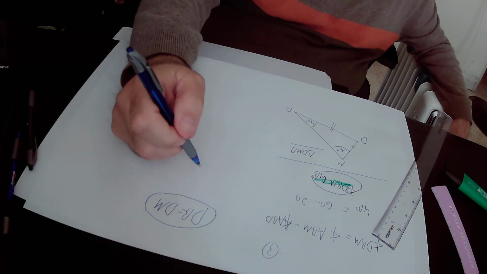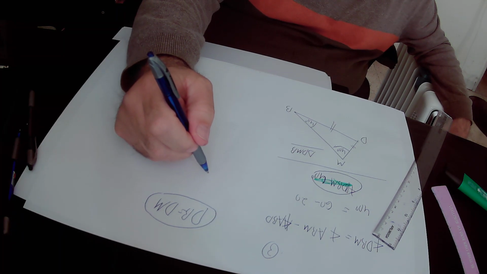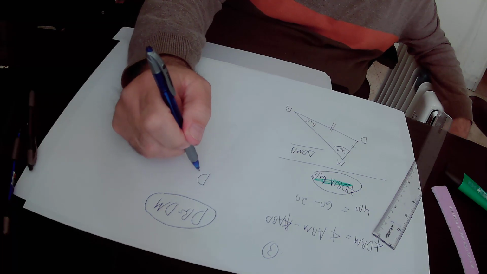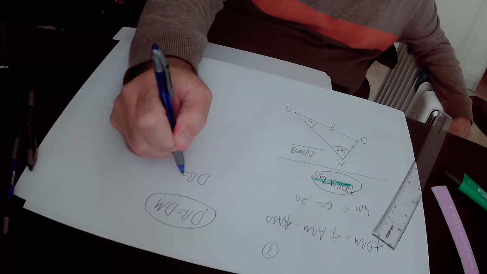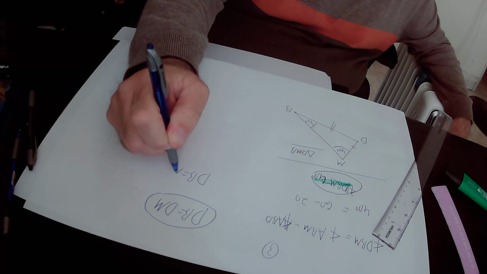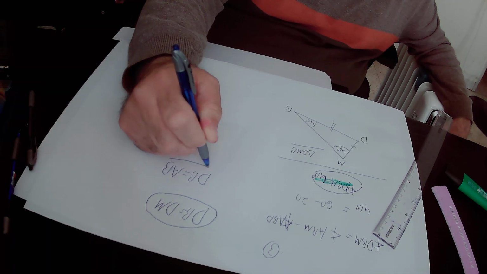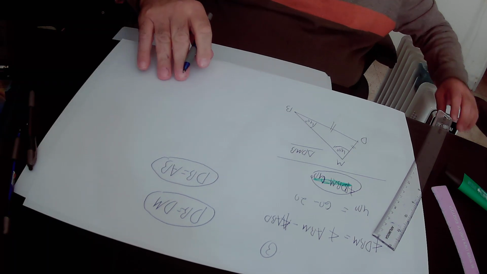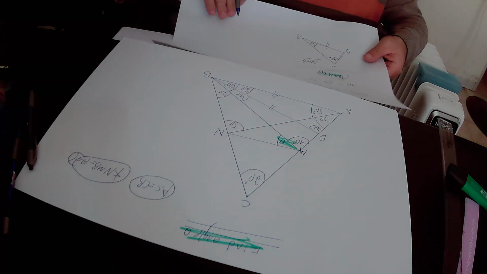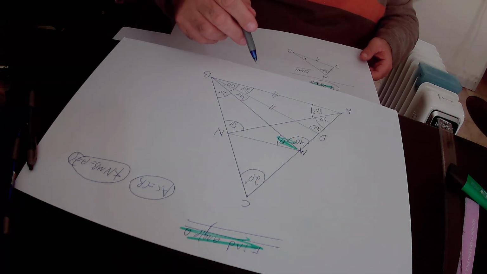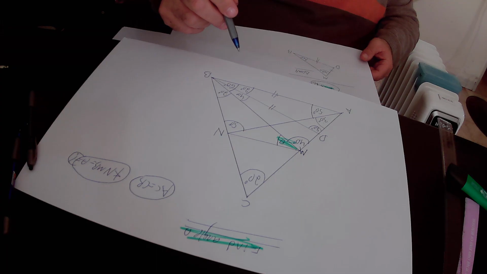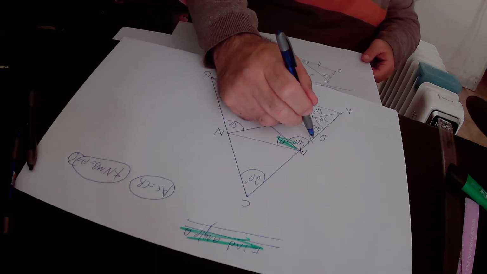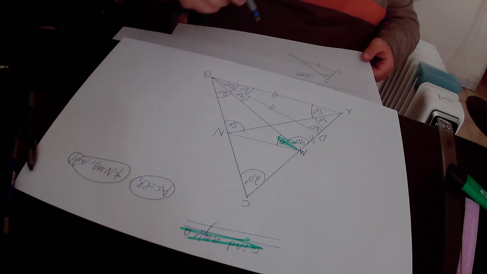We have, according to our construction, DB also equals AB. Then side DB equals side DM.